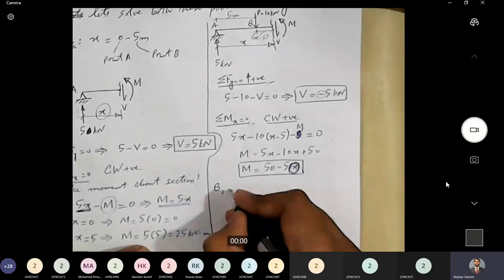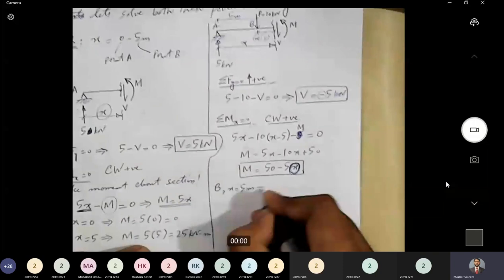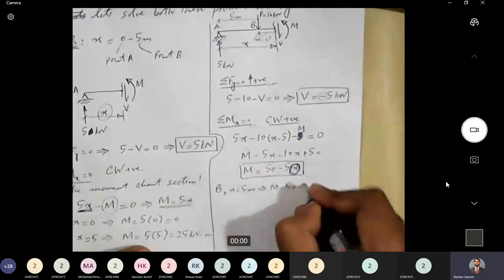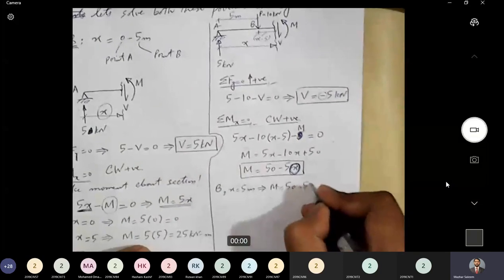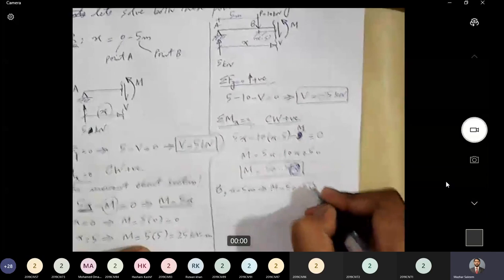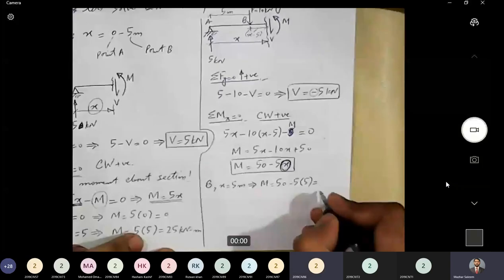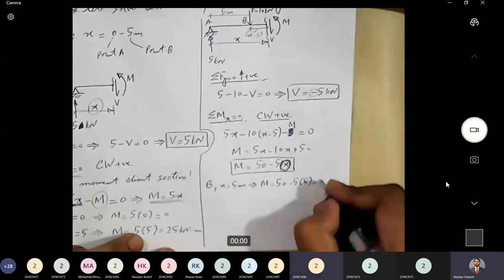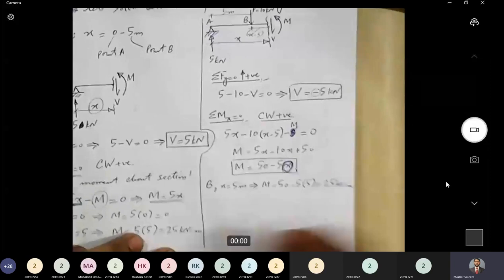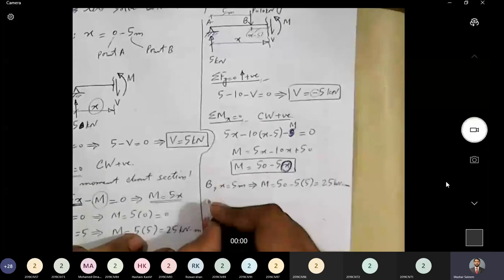X is equal to 5 meters at point B. This implies M is equal to 50 minus 5 times 5. How much is this? Moment at point B. 25 kilonewton meter. What about point C?